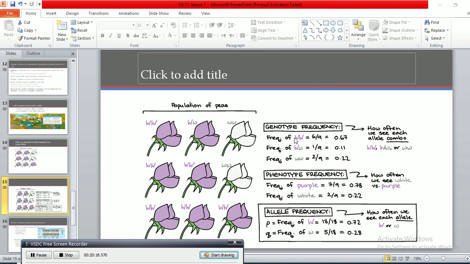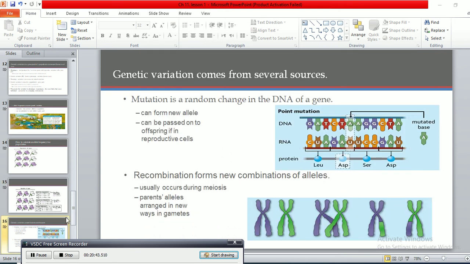When I say genotype, for all the alleles, here he classified them like homozygous dominant, which is homo, same, capital W, capital W, and here capital W, small w, and small w, small w. He counted the frequencies here. Okay, and here for the genotypes, and here the frequency for the phenotype, only purple and white, and here the allele frequency. And that's it.